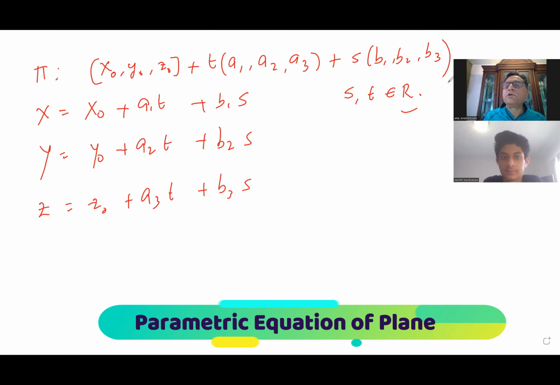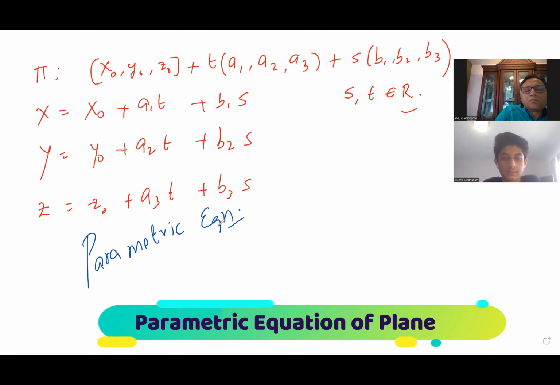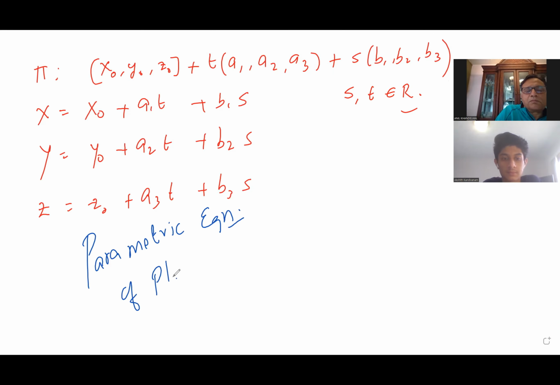Now, another very important concept is that we are moving on to the Cartesian equation of the plane. First I'll introduce you to all the equations, then we'll work on them. This is parametric. Perfect.